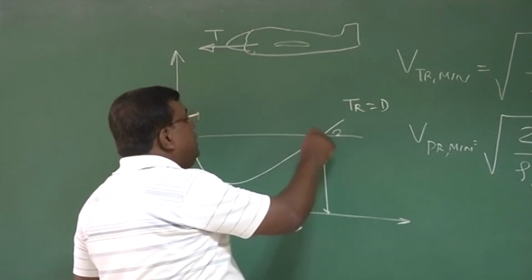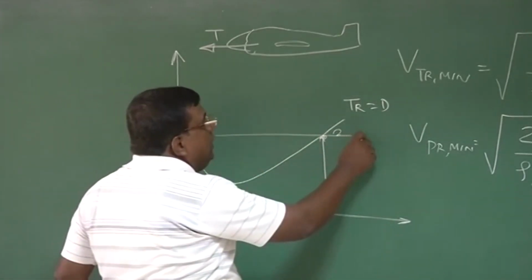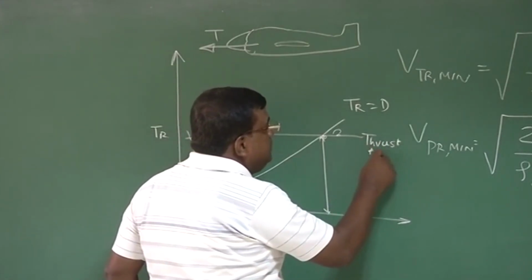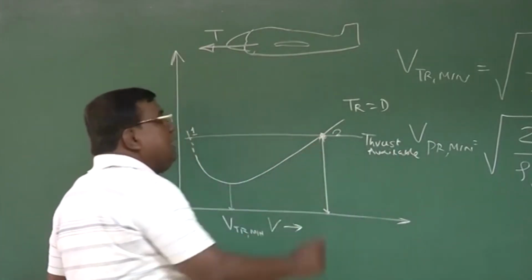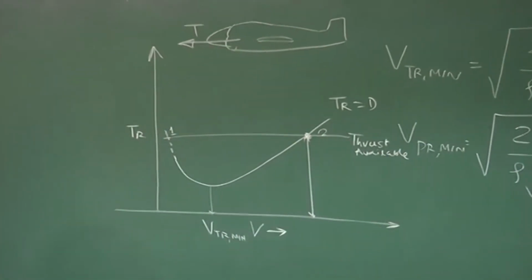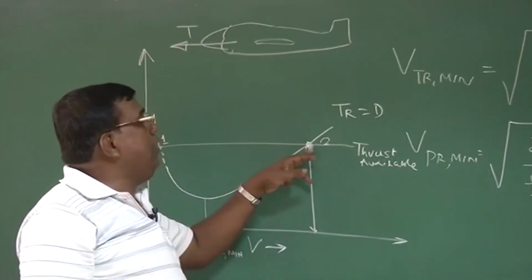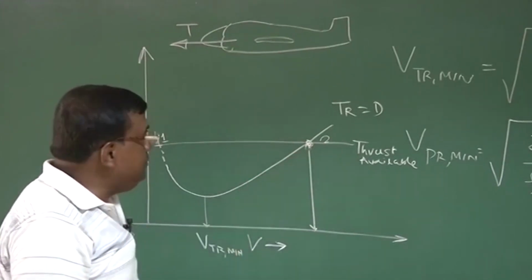So at this point, whatever the engine is supplying, we call it thrust available. At this point, they are the same. That means if I am flying at this speed, this is the maximum speed, and I will be going without any acceleration, right? Constant speed.